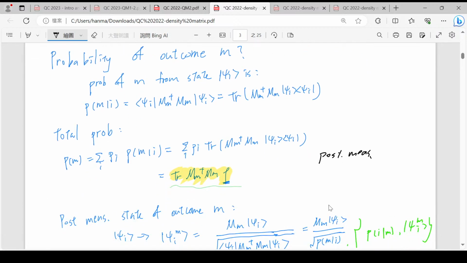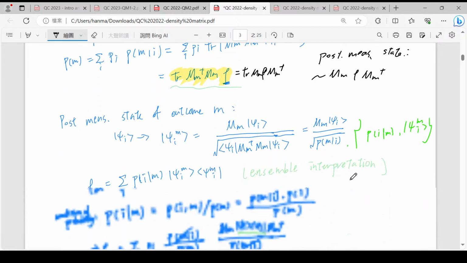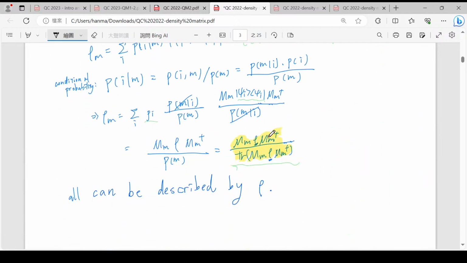So the post-measurement density matrix is M rho M dagger. And so the probability of this is its trace. This is also equal to the trace of M dagger M rho because of the cyclic property. And you see the post-measurement state is this thing, normalized by its probability.